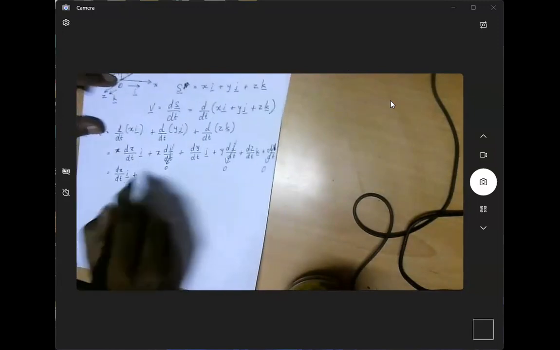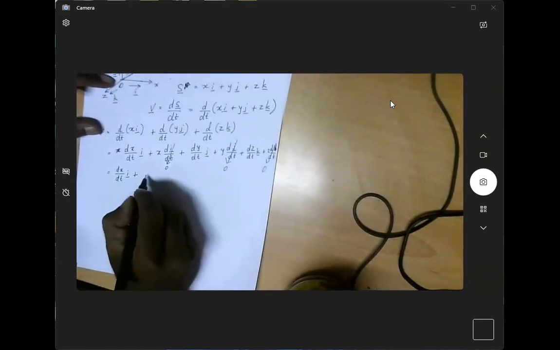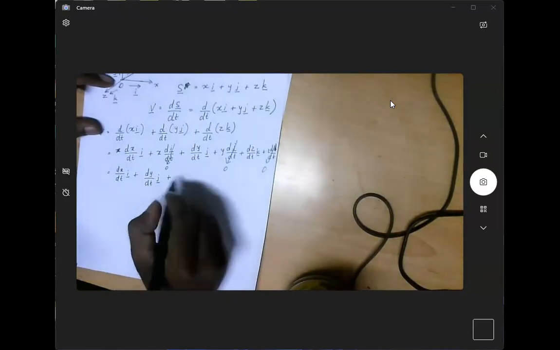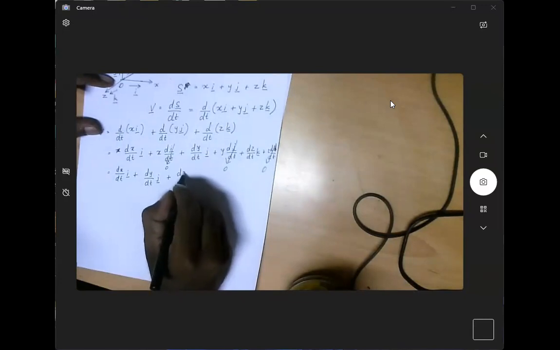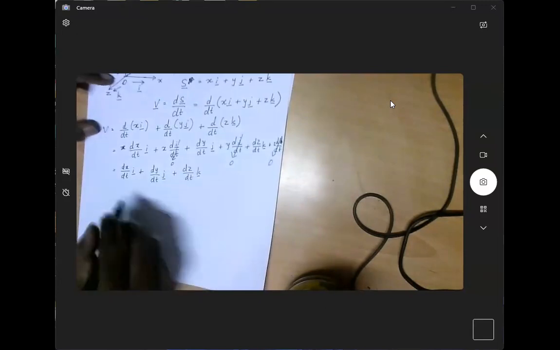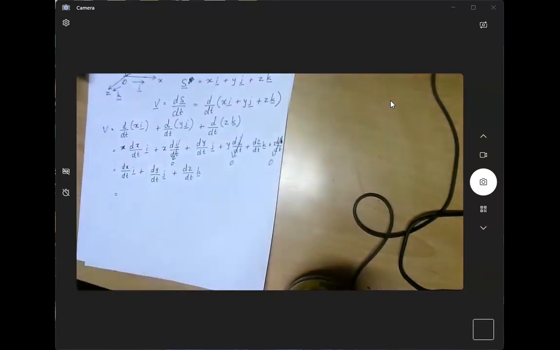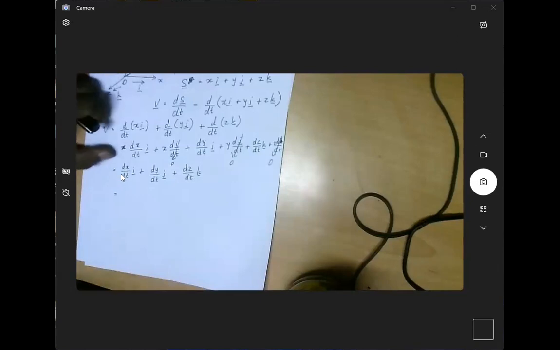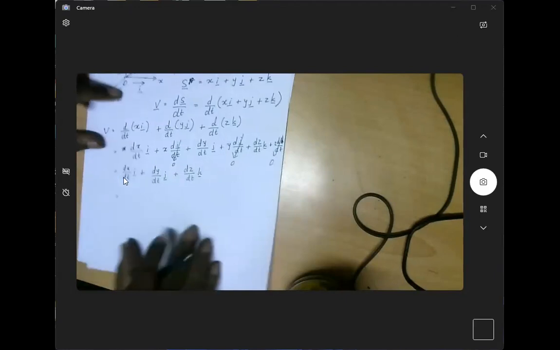right? Once you remove those terms, we have dy over dt j plus dz over dt into k, and we have a short way to write the time derivative of a distance, right?